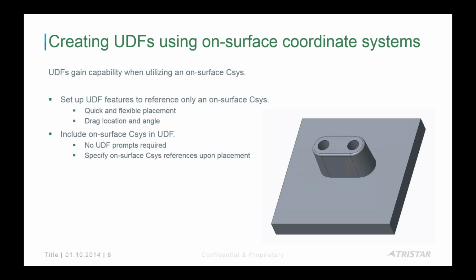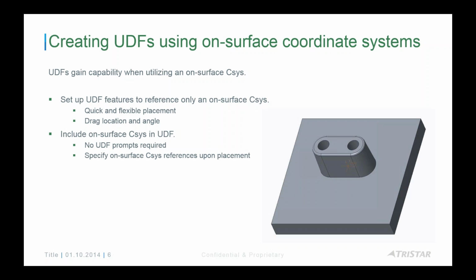And then finally, if we use an on-surface coordinate system to create the UDF, we gain a lot of capability. What we would do is set the UDF to reference only a single on-surface coordinate system. This would make placing the UDF very quick and flexible. All we have to do is select a coordinate system.